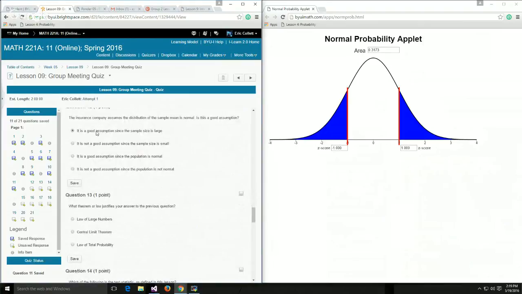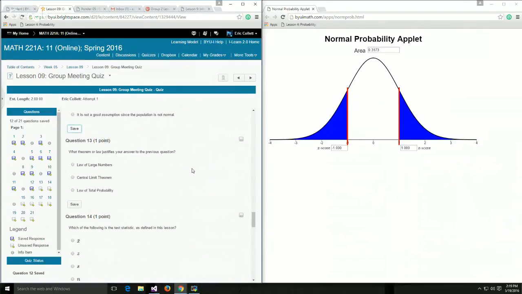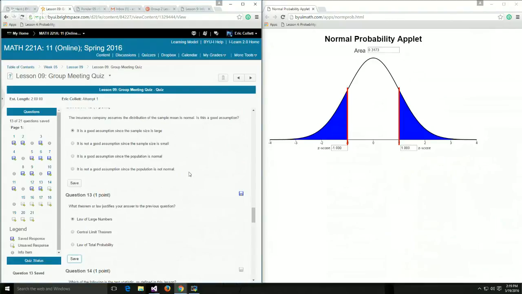So I'd say it's a good assumption since the sample size is large. Okay. And is that the law of large numbers? Yeah, I think so. Pretty sure it is, because it says if the sample size is large enough.